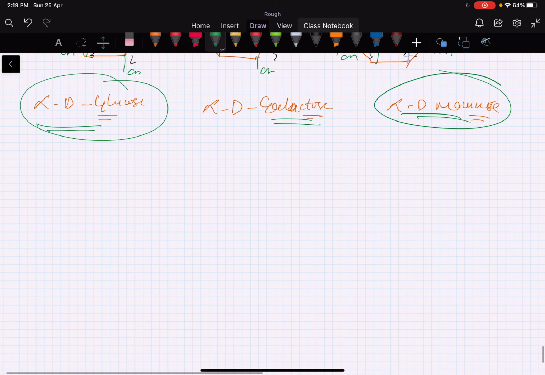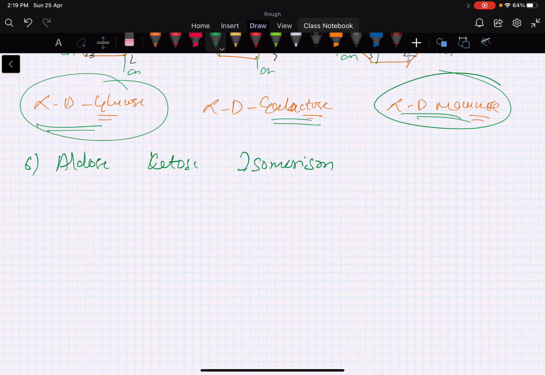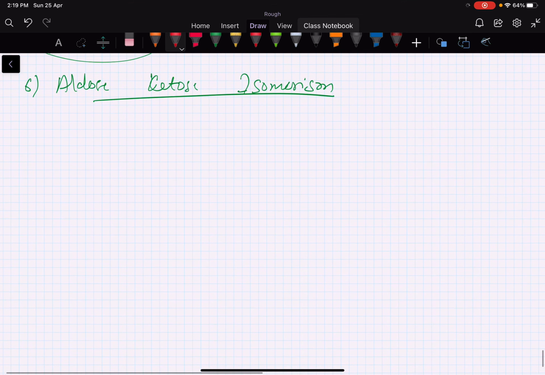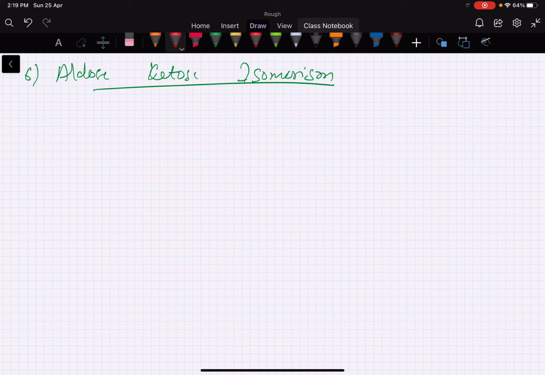Next is aldose-ketose isomerism. This is shown between fructose and glucose.